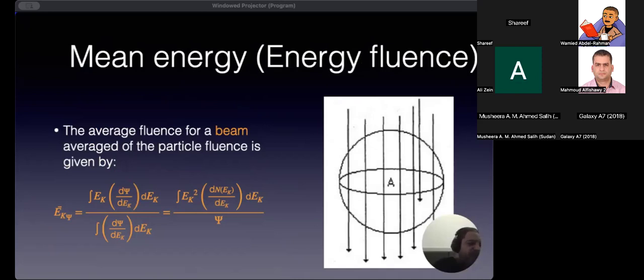If we want to take an average with respect to energy, we multiply the energy by the fluence density, integrate, and divide by the total fluence. Essentially, this will give me the mean energy of particles, but averaged over the energy fluence.